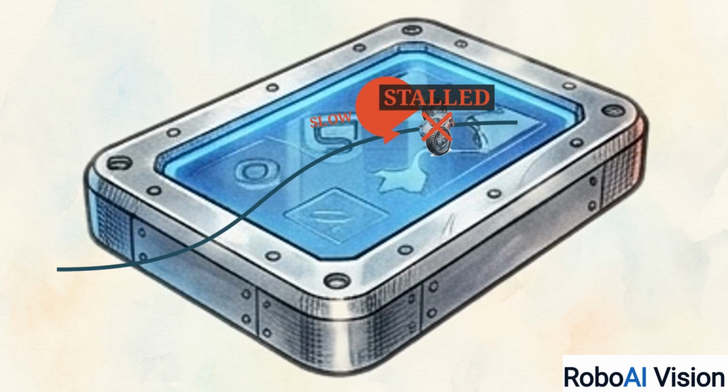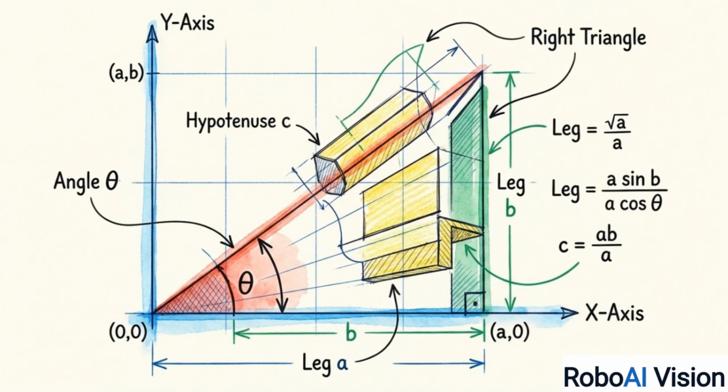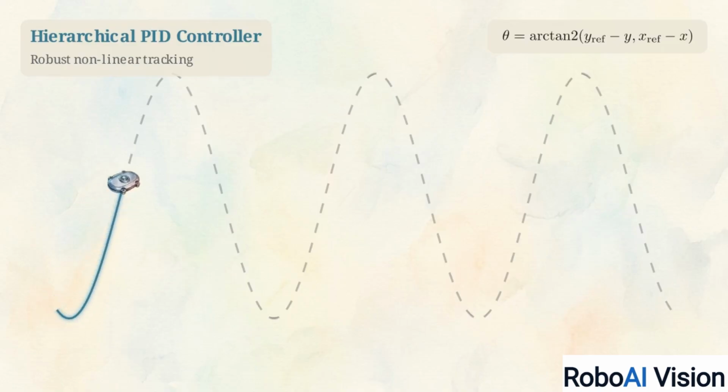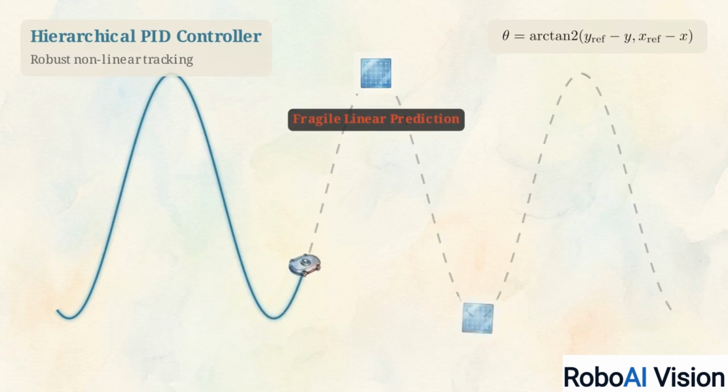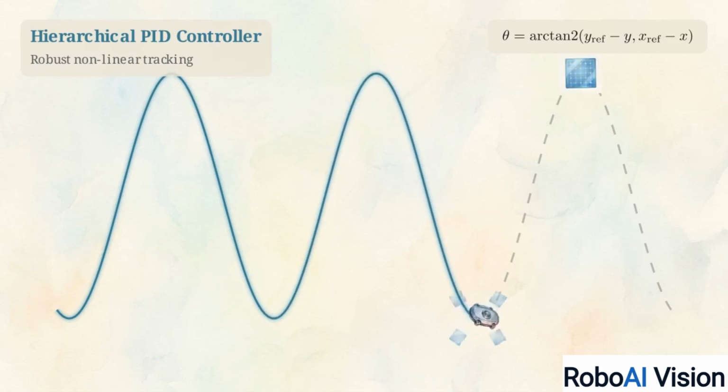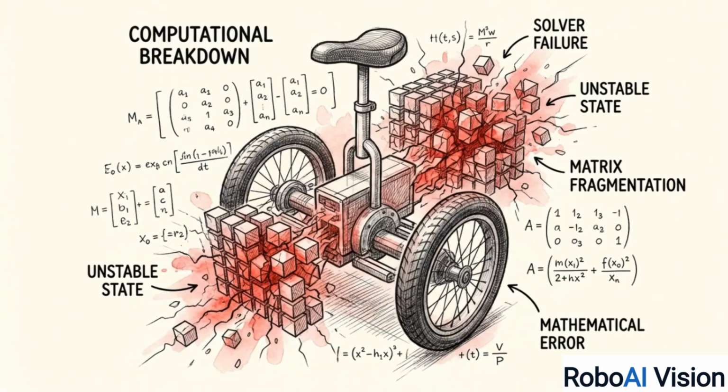The older, simpler PID architecture succeeds in this exact scenario because it uses the exact nonlinear trigonometric heading error, the arctangent 2 function, to drive its steering corrections, ignoring fragile linear predictions entirely. Adding computational complexity is a severe liability if the kinematic realities of the machine violate the algorithmic solver's underlying mathematical assumptions.